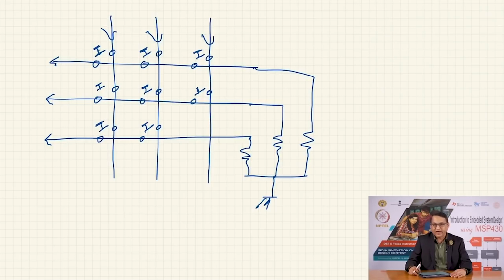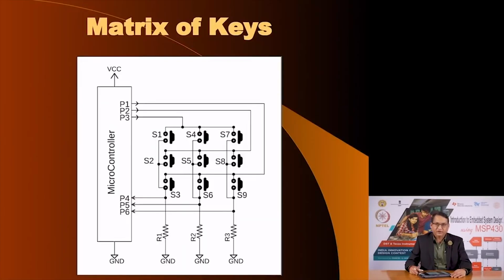Let me show you a better drawn diagram so that we can discuss this technique further. This is the matrix of keys. Here we see the microcontroller we have is an MSP 430, and 3 of these pins P1, P2, P3 will be programmed as output. The other 3 pins here P4, P5 and P6 will be programmed as input, and we see that P3 is connected to these 3 switches S1, S4 and S7, to one end of these 3 switches.